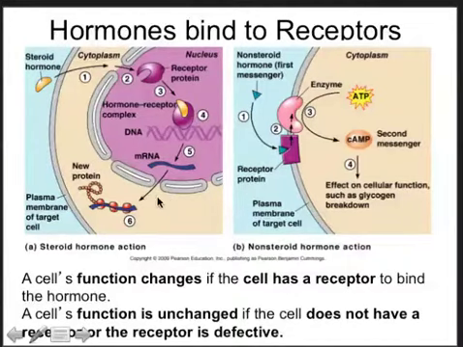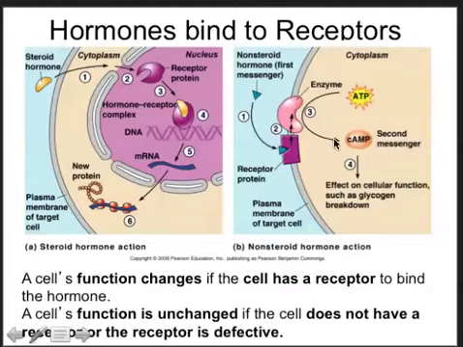In the case of water-soluble hormones, the receptor is on the surface of the membrane. When the hormone binds to the receptor, that causes a change in the shape of the receptor, and that triggers a series of chemical reactions inside the cell, which begin with what we call a second messenger.